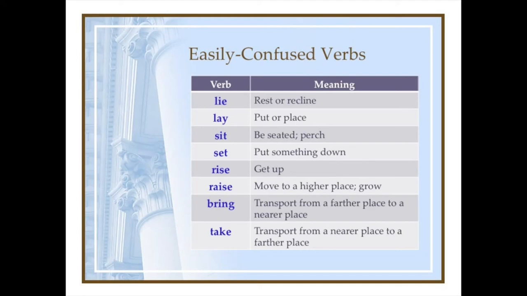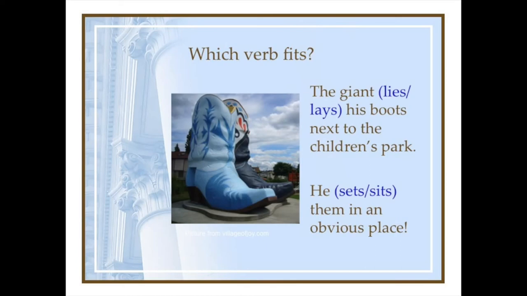We are going to look at the last two examples of novelty architecture while we practice differentiating between these easily confused verbs. Take a look at this huge pair of cowboy boots. These boots are actually a bathroom. Can you see the door near the heel?